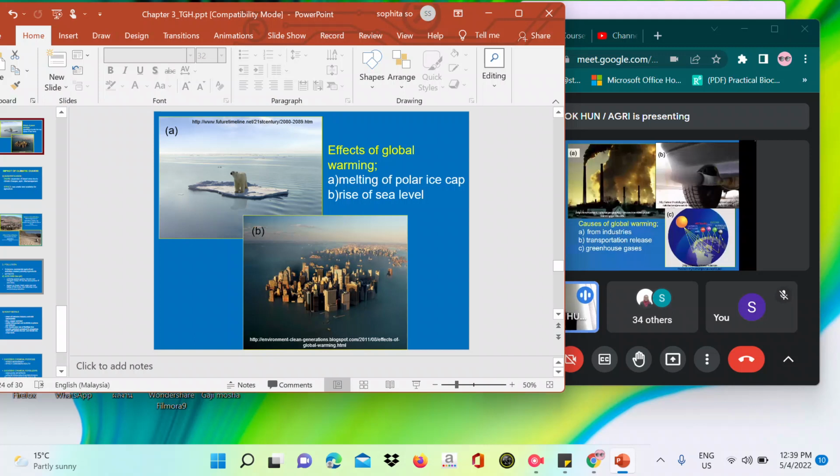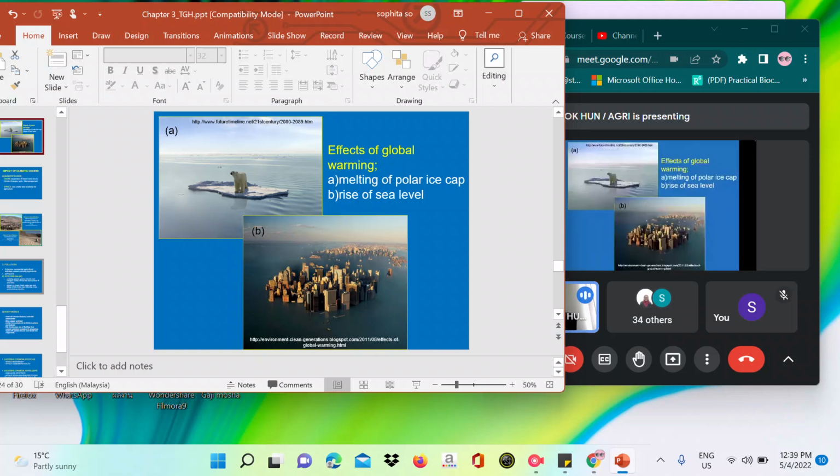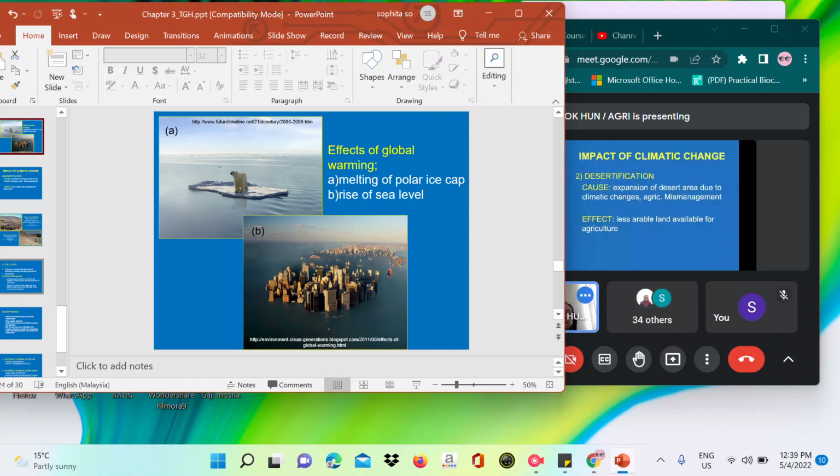And you can see the effects of global warming: melting of polar ice, and when the ice melts, the sea level increases and the water rises very fast. If it rains for about two or three hours, places very low and near the river bend will flood very quickly compared to last time.